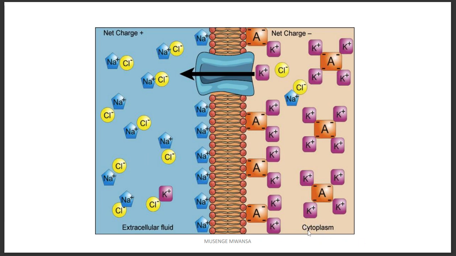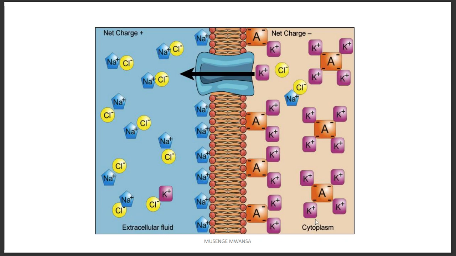So if the concentration in the cytoplasm, let's say it is 20, and then outside it is 5, that is going to generate a net combined force to push ions forward. And so ions are going to move from the cytoplasm into the ECF because the ECF has got a smaller concentration.